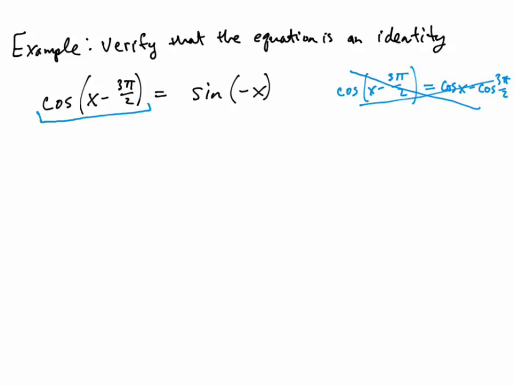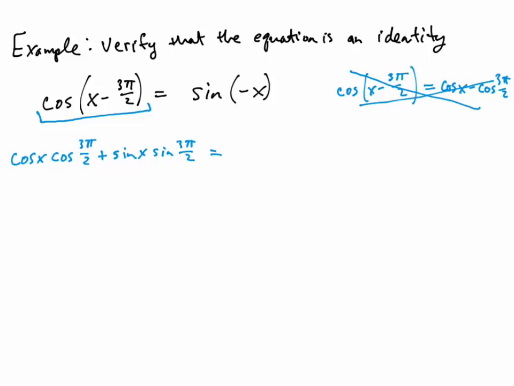And remember, the difference identity for cosine is cosine of the first times cosine of the second. We change the operator for cosine, so instead of minus, this becomes plus, and then we say sine of the first times sine of the second. Okay, so that's what's going to happen on the left-hand side.